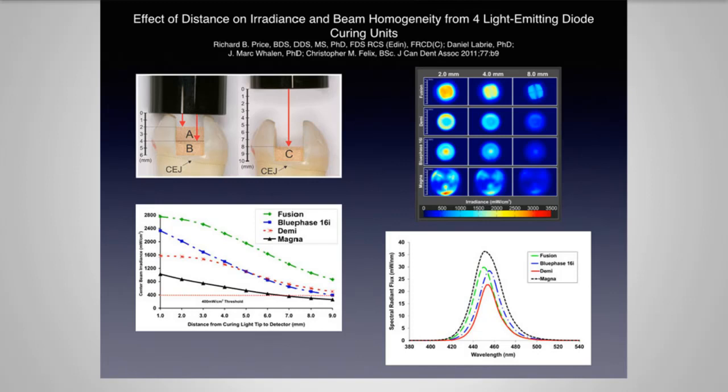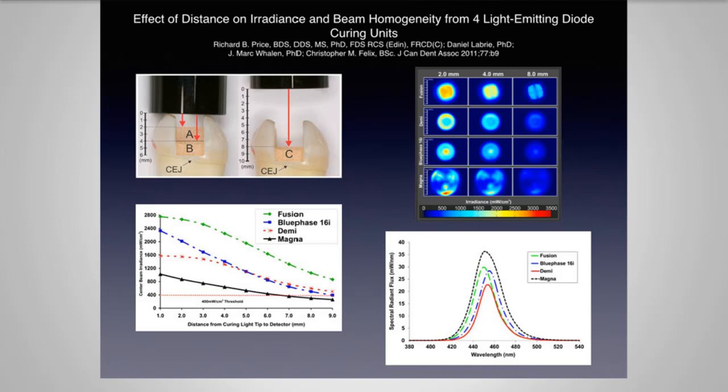On top of that, the overall intensity of the light in this study has shown that these various lights change significantly over distance. In the chart on the lower left, you see the Fusion in green, the Bluephase, the Demi in the dotted red, and the Magna lights. Over the course of distance, you see how the effective output of energy decreases from 1 millimeter all the way to 9 millimeters of distance.